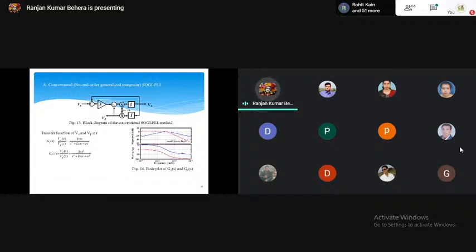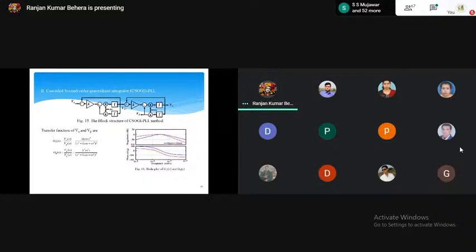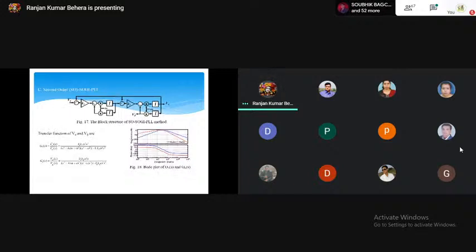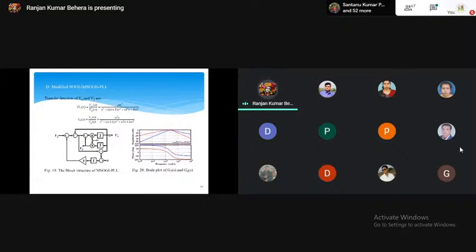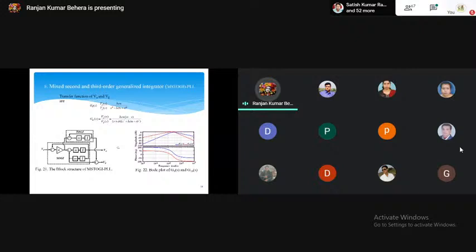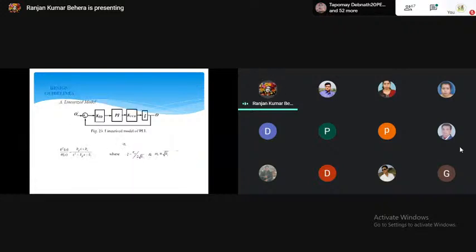Then the second class of PLL is the second order generalized integrator PLL, then the cascaded second order generalized PLL, and then the SOGI PLL. Then we have a modified SOGI PLL. Although we have discussed all these things, you can see that we have discussed all this, including design.